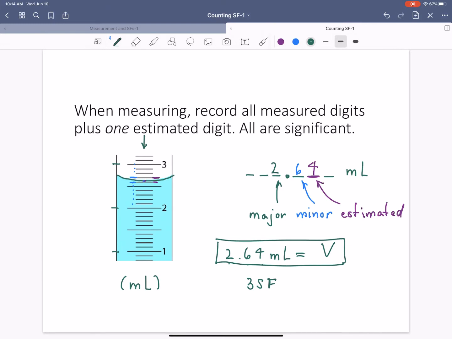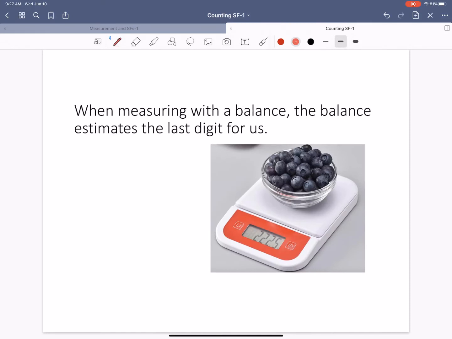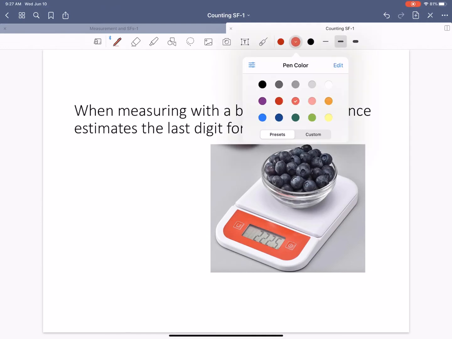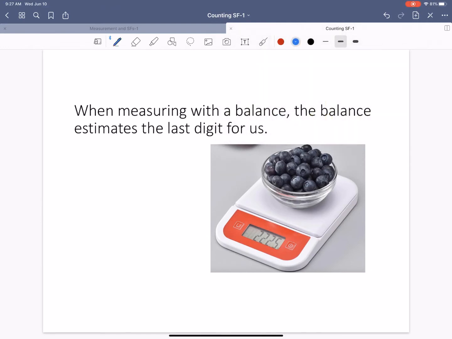The tool determines where the estimated digit will be. You'll remember that when measuring with the balance, it estimates the last digit for us. So it's hard to see, but there's the decimal. And so the value given on the balance is 222.5, and balance is measured in grams.